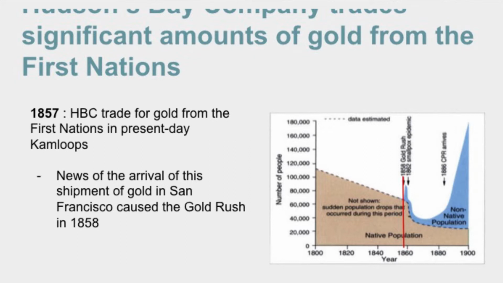So the HBC wanted to take advantage because they knew of the gold's value, and traded with the Aboriginal peoples to acquire a lot of gold. And as soon as the shipment went down to San Francisco to the smelter, news of this mass amount of gold basically led to the gold rush, which happened the following year.